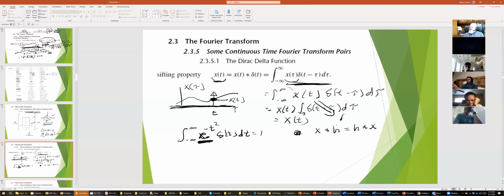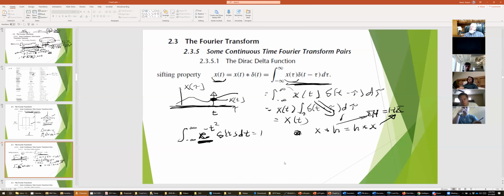You could prove it by saying, look, the Fourier transform of the left side is x times h. And what's the Fourier transform of the right side? It's h times x, right? So simply because multiplication is commutative, it turns out the convolution is also commutative.